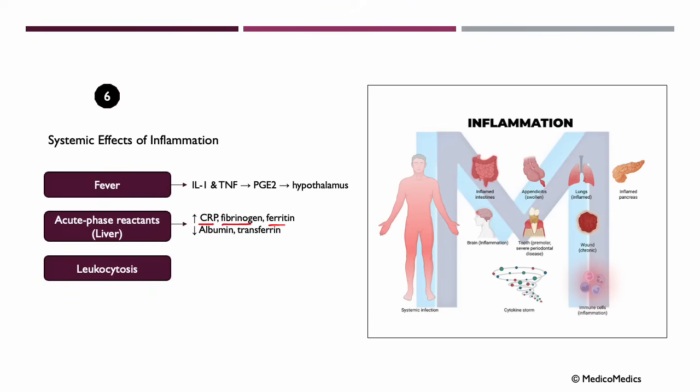What do we see as decreased? Well, albumin and transferrin. And the synthesis of these is reduced during inflammation to redirect resources toward the acute defense. Clinical relevance here?